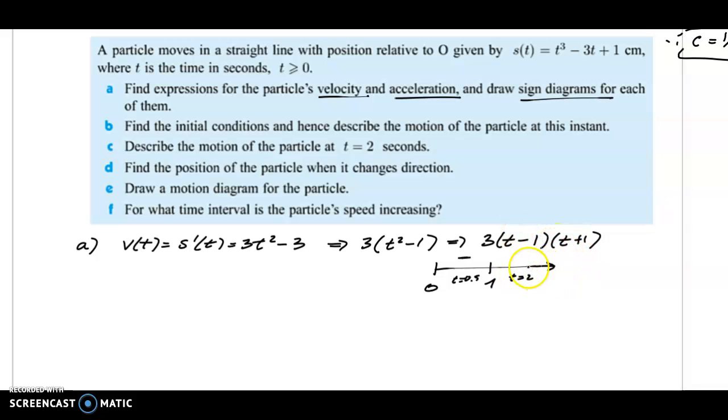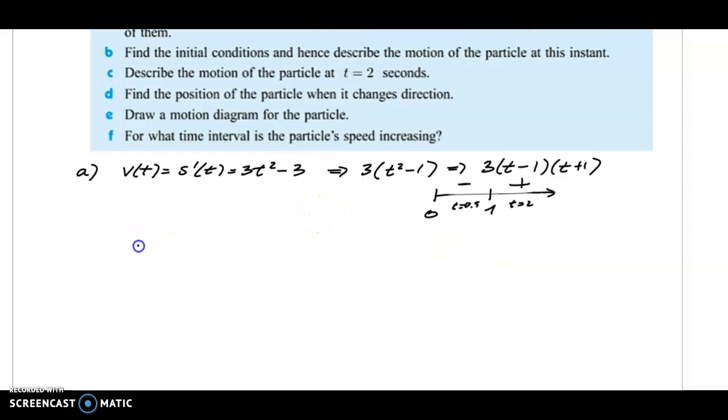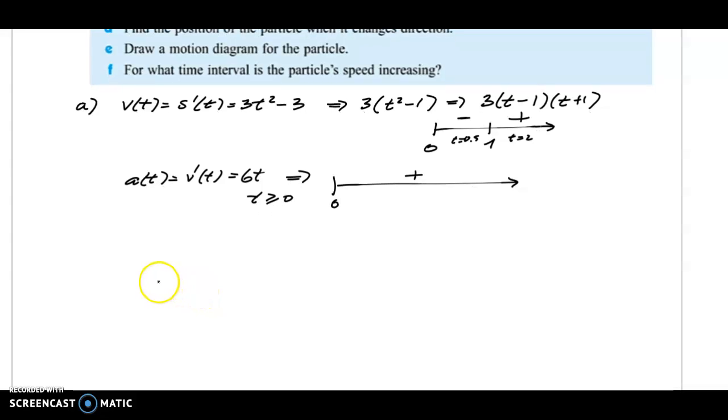So you'll see it's positive, etc. Now acceleration, well, that's just the derivative of velocity. So that's just going to give me 6t. Now that implies a sign diagram where at 0 it's always going to be positive, because t is always greater than or equal to 0, so no matter what, it's positive. So that's really nice and easy.